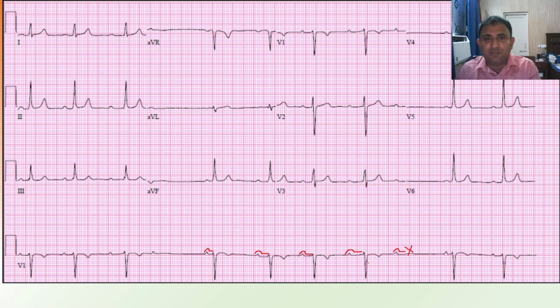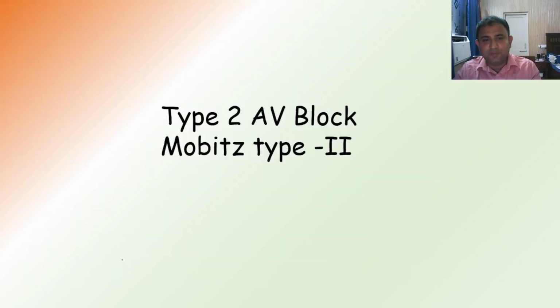Finally, there is a P which is not conducted, signifies Mobitz type 1 block. Okay, you see this. There is a PR which gradually increases, it gradually increases, and then there is a drop. This P is not getting conducted. So this is Mobitz type 1.